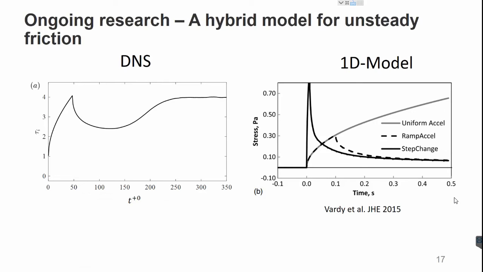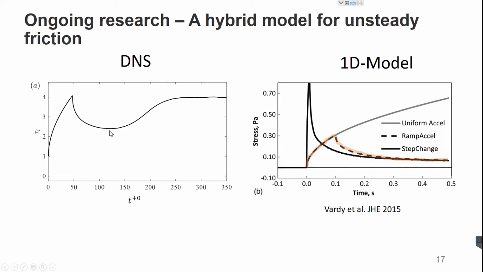So we believe that this knowledge can lead us to improve the current unsteady friction 1D models. Right now we have this model developed by Vardy and Brown. And this model, as we can see, comparing with the accelerating case, which is what I highlighted here, if we compare to an accelerating flow, we have this nonlinear growth in this part.